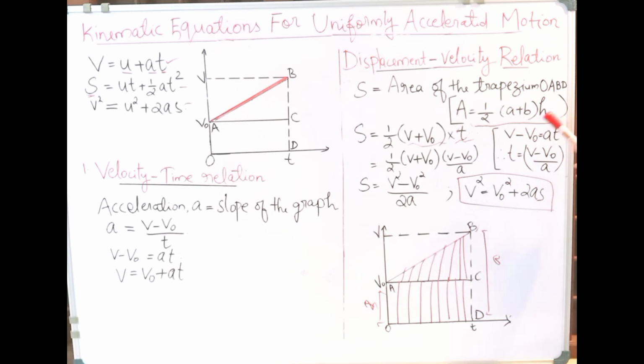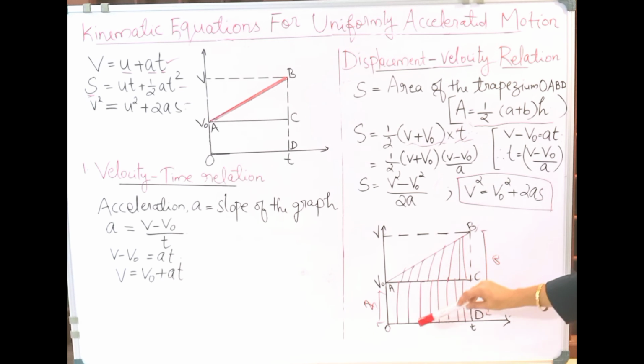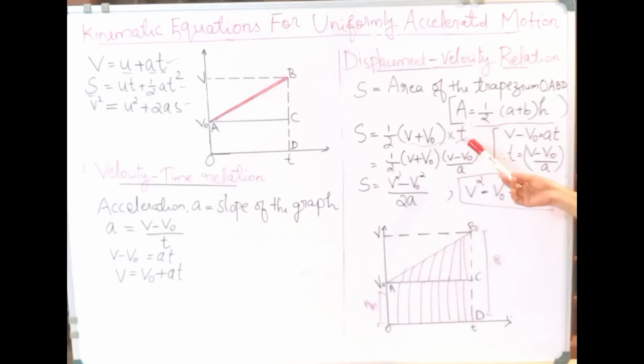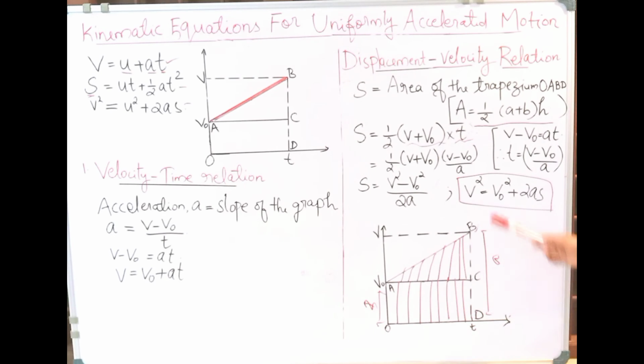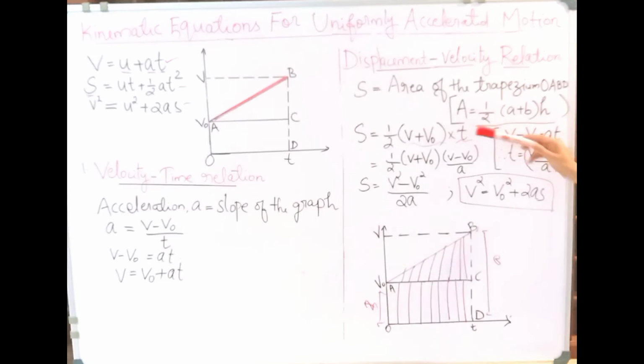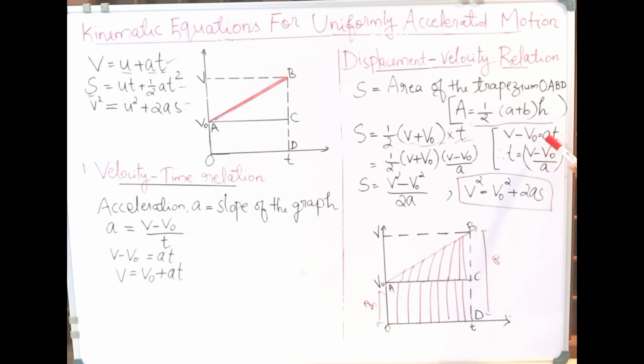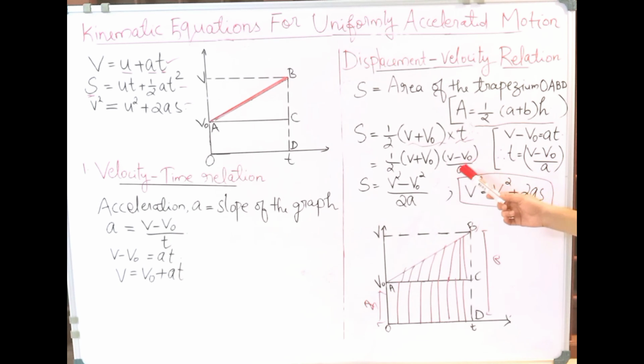So we can substitute the values. That will be half into (V plus V0), because V is BD and V0 is OA, into H, that is time. And here we are giving a substitution instead of T. That is V minus V0 is equal to AT. Therefore T will be equal to (V minus V0) by A. So when we substitute this value, what will we get?